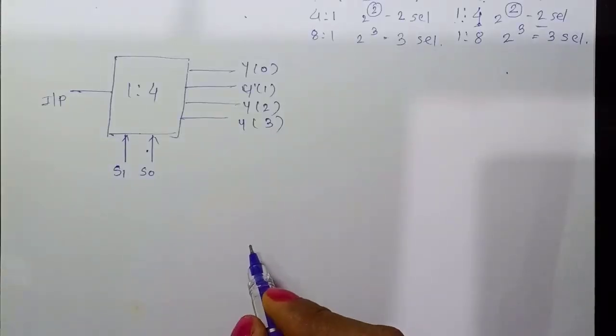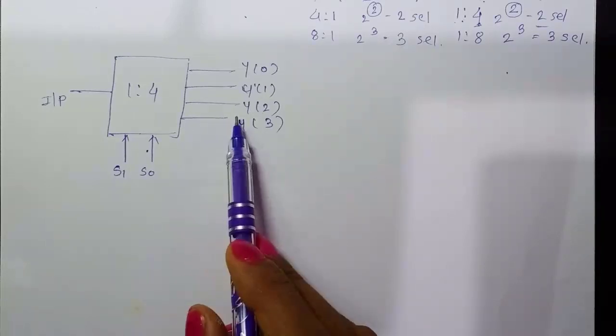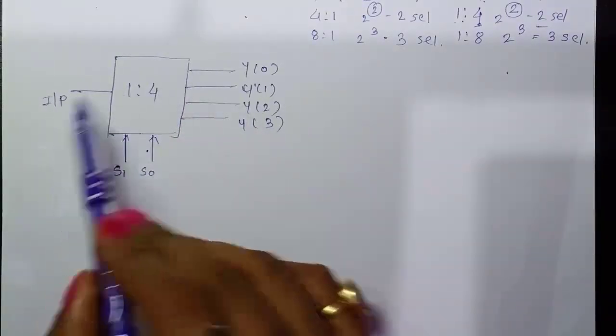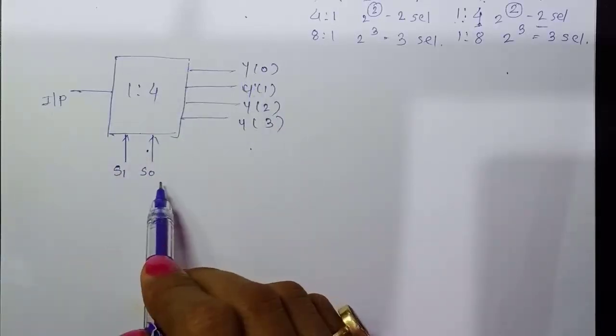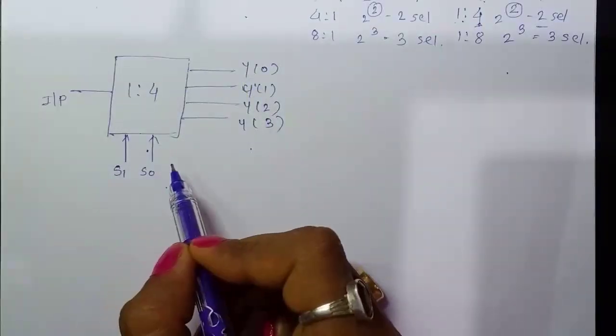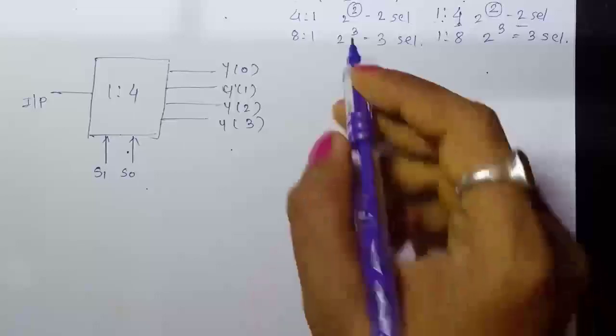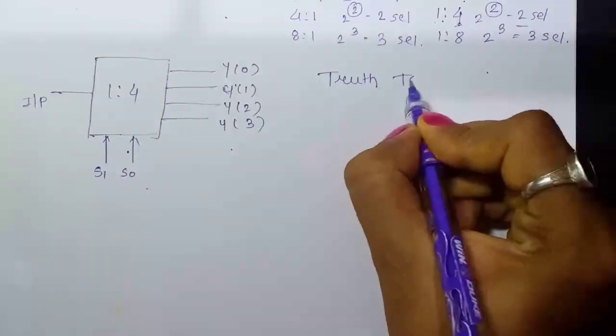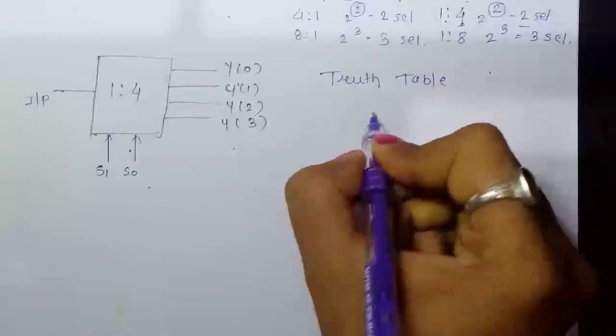Next, we have to write a VHDL code for a 1 is to 4 demultiplexer. This demultiplexer has a single input, 4 outputs and 2 selection lines. Before writing the VHDL code, we will draw a truth table for this demultiplexer. The truth table for a 1 is to 4 demultiplexer is as follows.